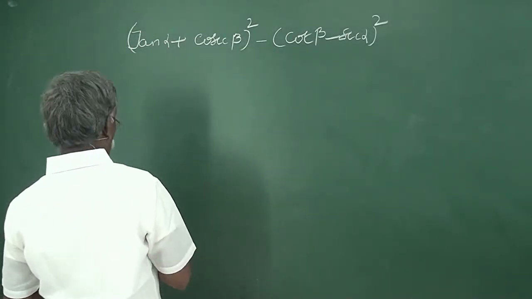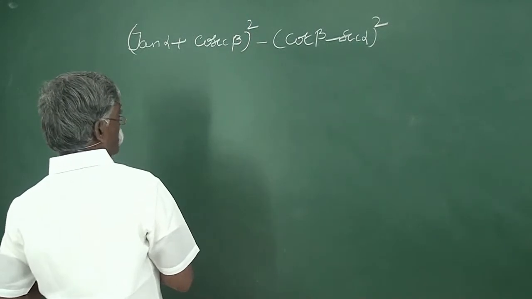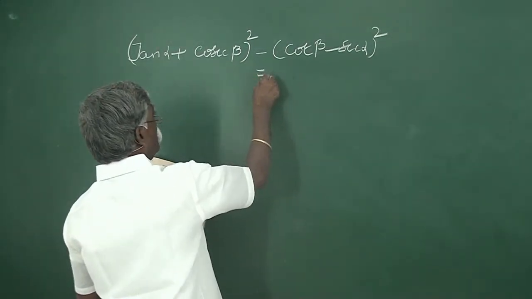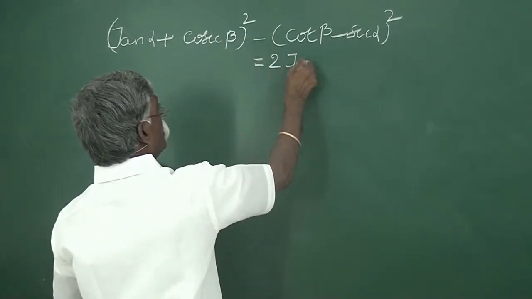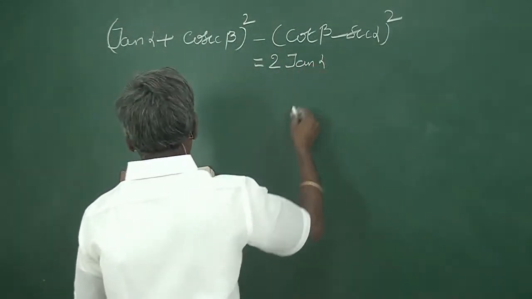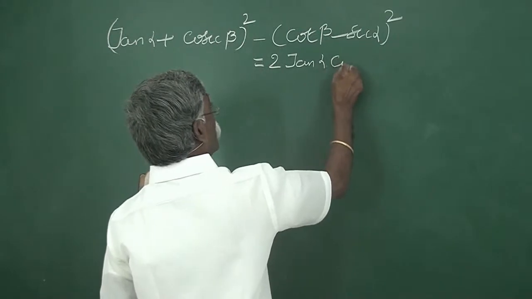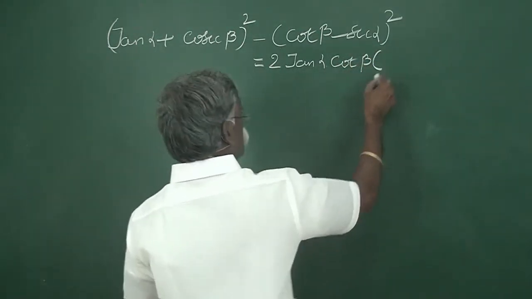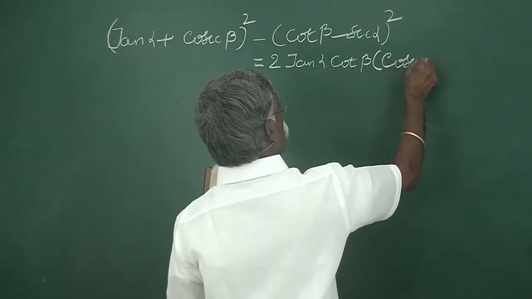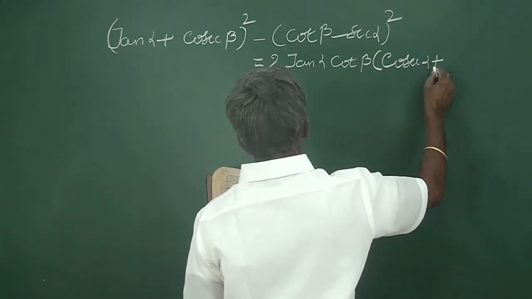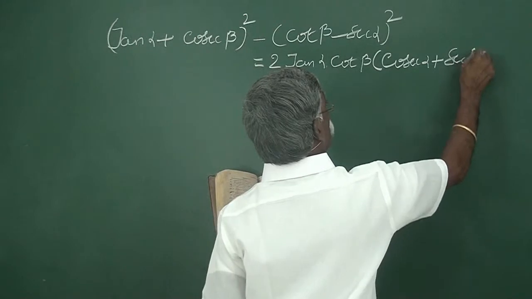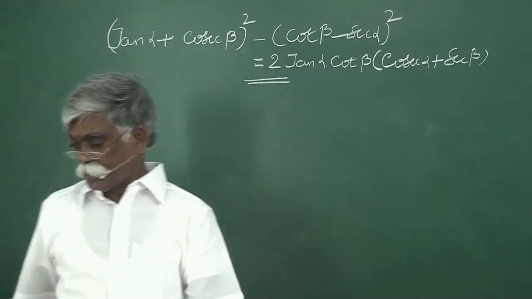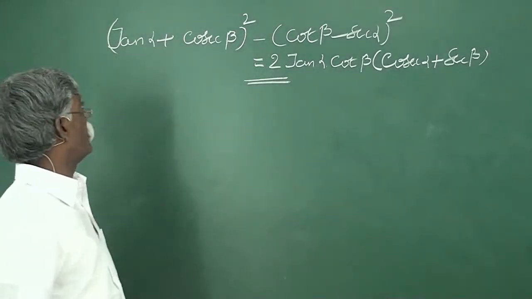Tan alpha plus cosecant beta whole square minus of cot beta minus secant alpha whole square is equal to 2 tan alpha cot beta into cosecant alpha plus secant beta. This is the problem which we have to prove.